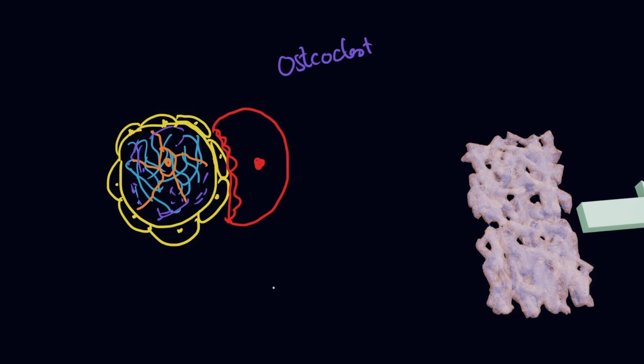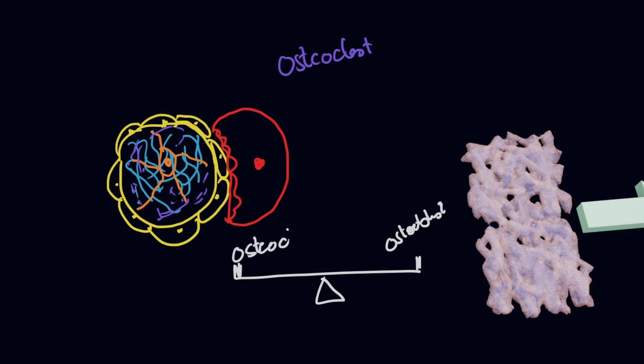It is a very precisely balanced process that at one end there is the presence of osteoblast, and at the other end there is presence of osteoclast. Osteoclast will remove the bone, osteoblast will form the bone, and these are coupled together. This is the process of coupling of osteoblast and osteoclast, called bone formation, bone resorption coupling.